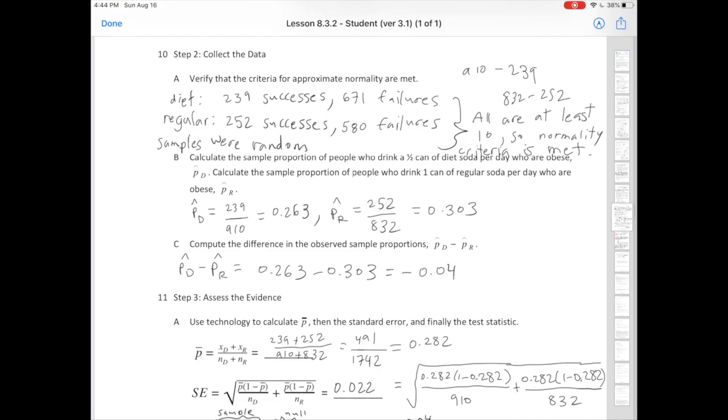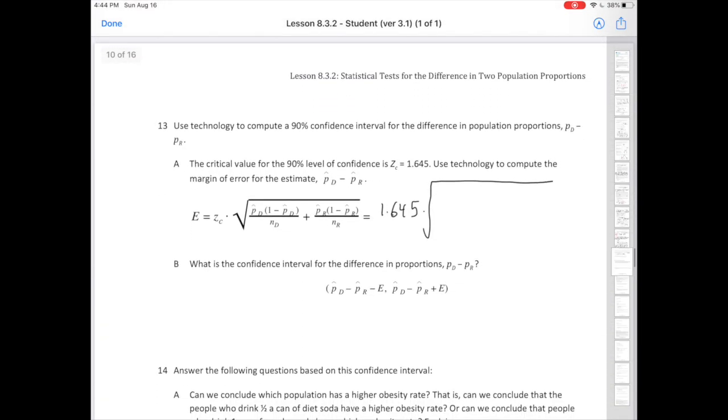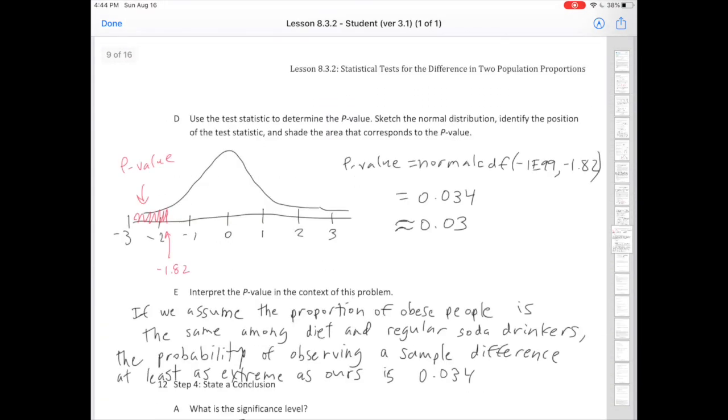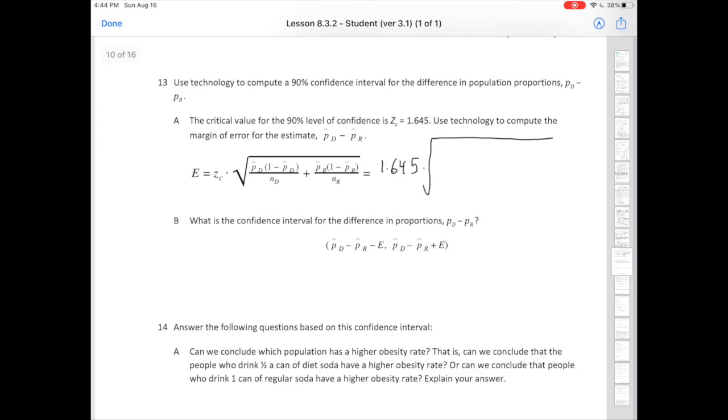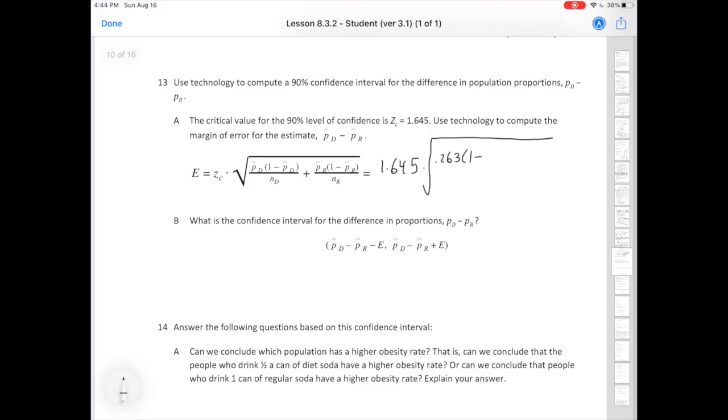PD hat was 0.263. PR hat is 0.303. So 0.263 and then 0.303, right?